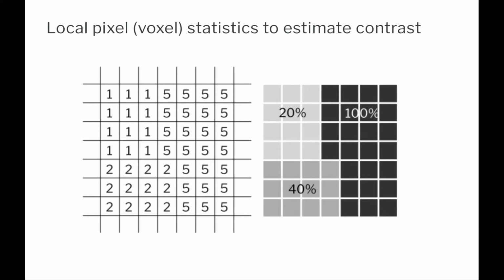That is, a lot of the stuff that went into the reconstruction at that point was just noise or empty. So this really maps to the image we see on the right, where we have a large region with 100% occupancy, one with 40% and one with 20%, which corresponds to the level of contrast we see.